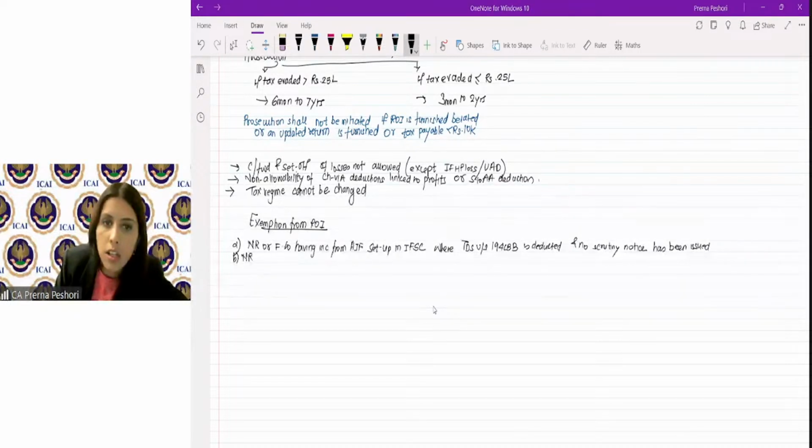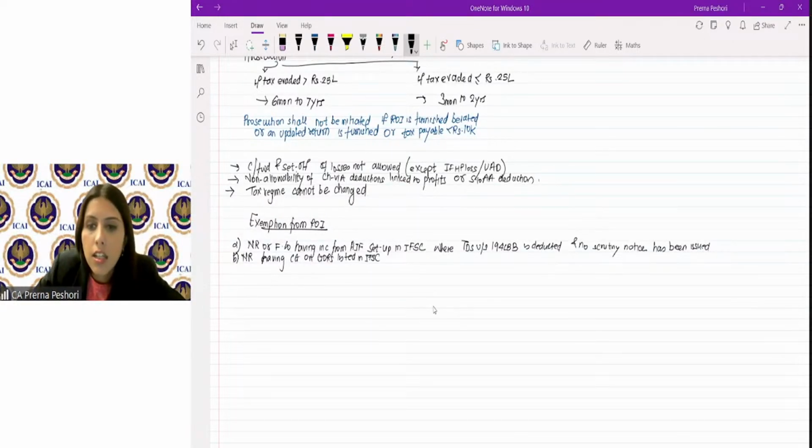Non-resident having capital gain on GDRs listed in IFSC. Having the GDRs listed in the IFSC.